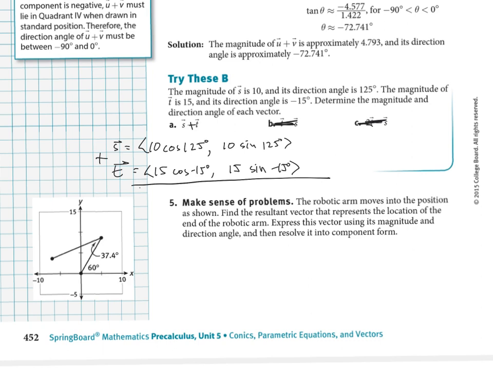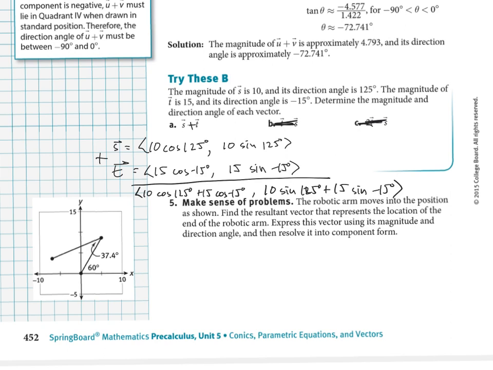So this is going to be 10 cosine of 125 plus 15 cosine of negative 15. And then for the y value, 10 sine of 125, I guess it's really b in my component form, plus 15 sine of negative 15 degrees.